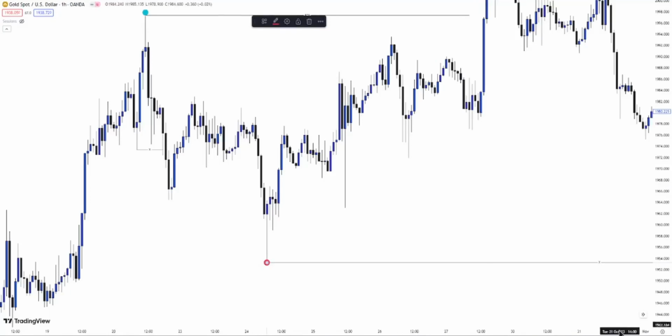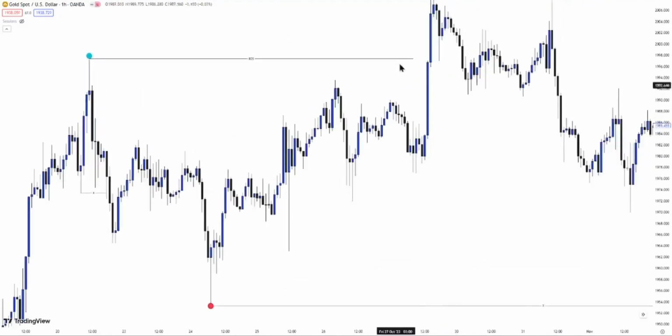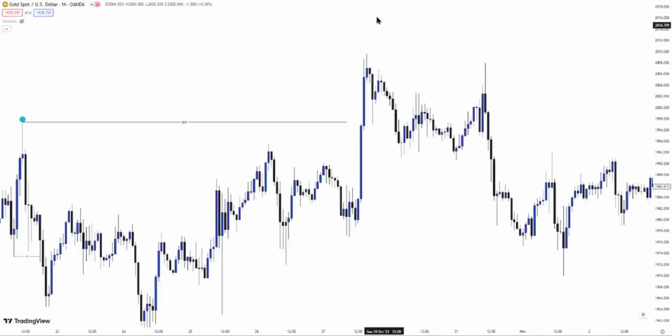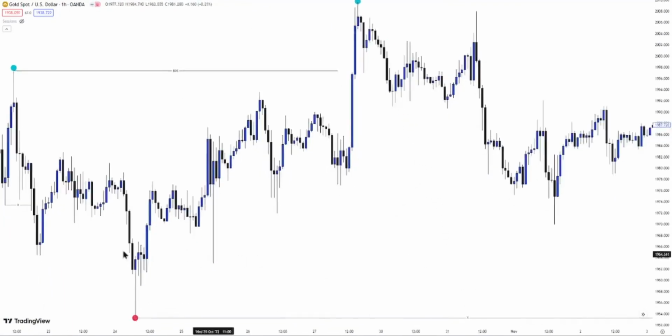It's confirmed because price has gone up to take out major structure high, and therefore we have a new high in place. For this high to be confirmed, it has to take out inducement. And as you can see, inducement has been taken out here. Where is it? Inducement is taken out here. Look at it. Let me show that to you quickly.